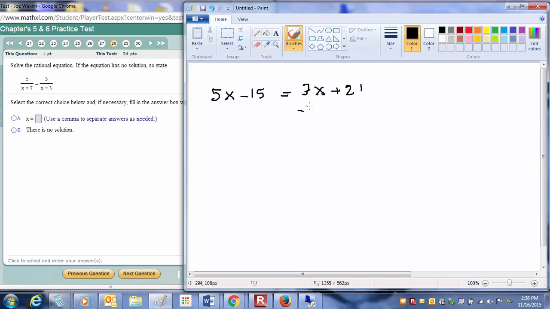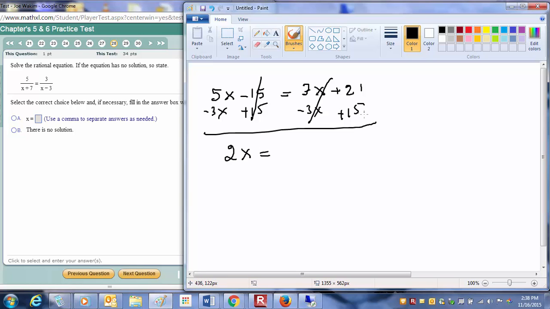So if you subtract 3x from both sides, and if you add 15 to both sides, that way you separate variables. This is 0 and this is 0. 5x minus 3x is 2x, and 15 plus 21 is 36. And therefore divide by 2, this would be 18. Final answer.